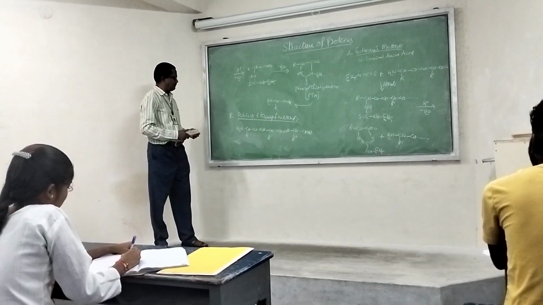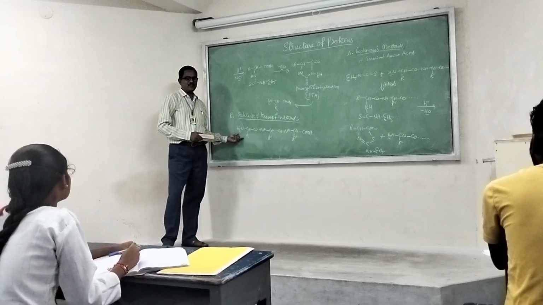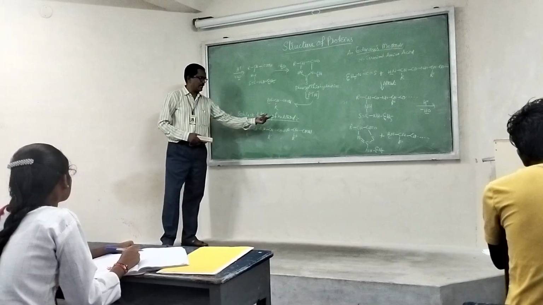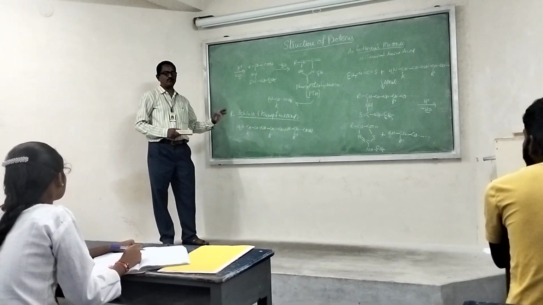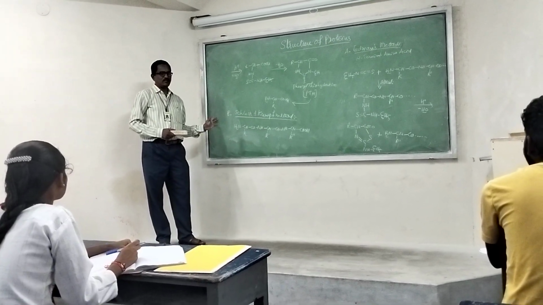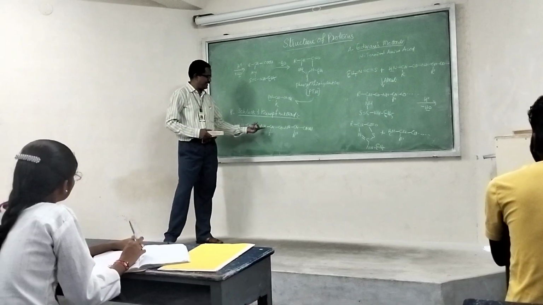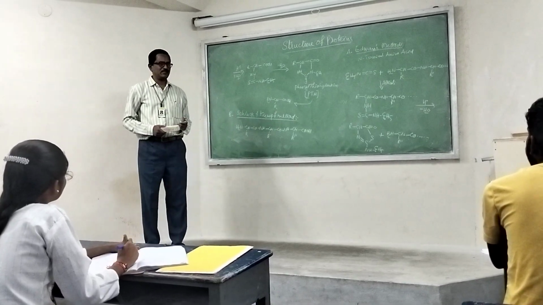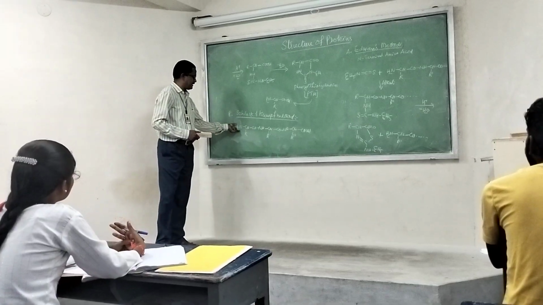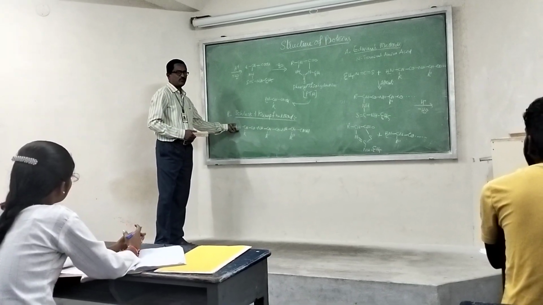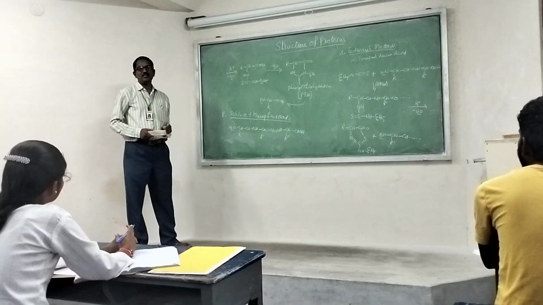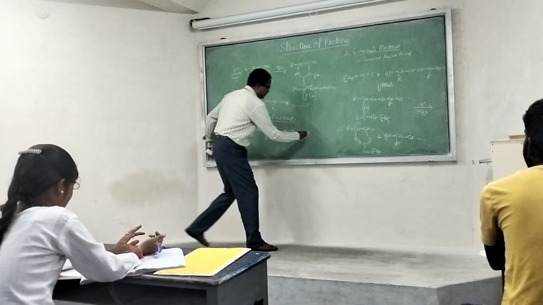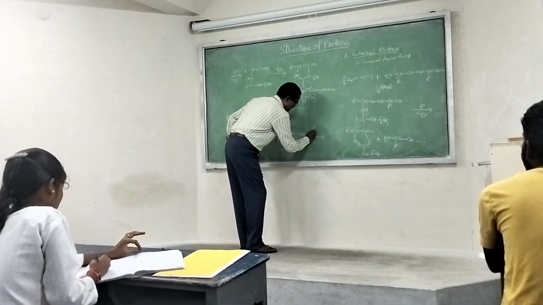Here we have the free amino group and the free carboxyl group on both opposite ends. Before treating this peptide chain with the respective reagent, we have to protect that amino group. To protect that amino group, generally we use benzoyl chloride. So treat that compound with benzoyl chloride.